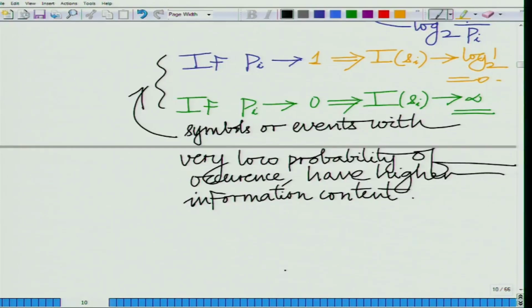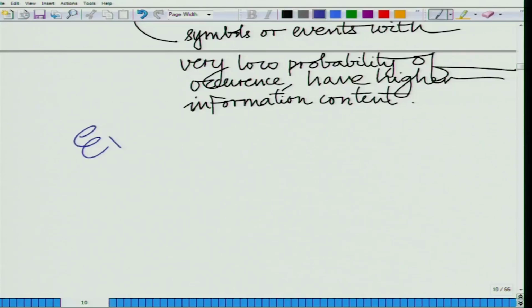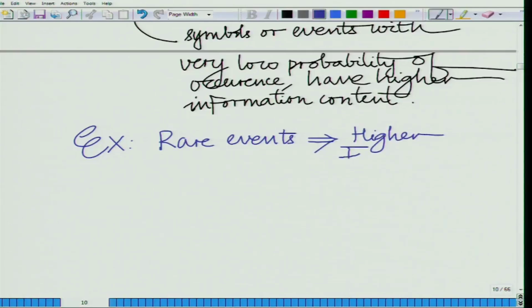So, symbols which have a very low probability of occurrence have much higher information content, and therefore, rarer events, which are very low probability, have higher information, correct. So, for example, rare events have higher information.